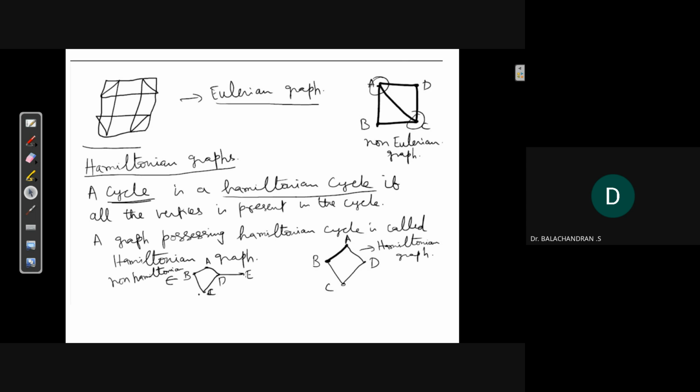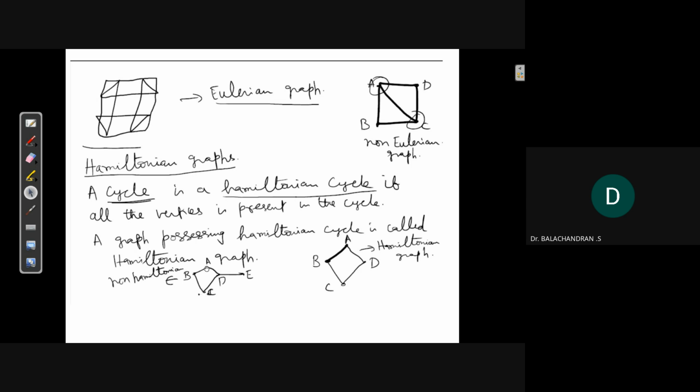Suppose if I start from here, E to D, and then A, B, C, D, and then again I need to come to D to go to what? E. So I told that all the vertices should be exactly once. Okay, and also we should find a cycle. So here you cannot find a cycle.